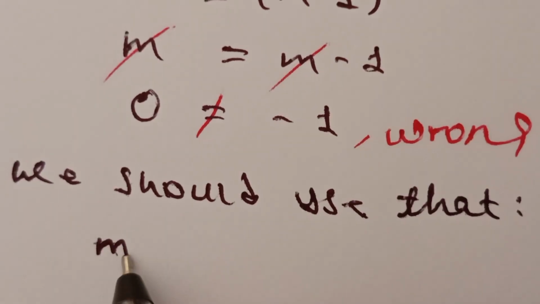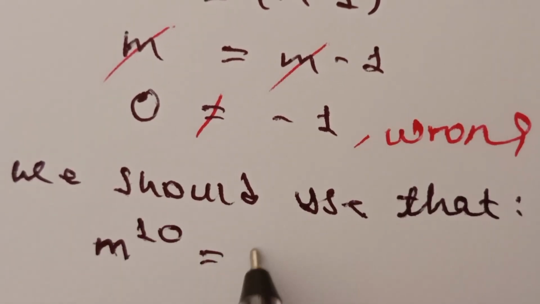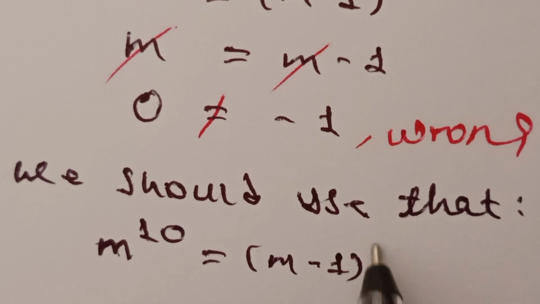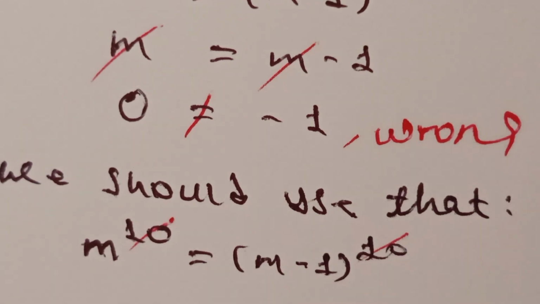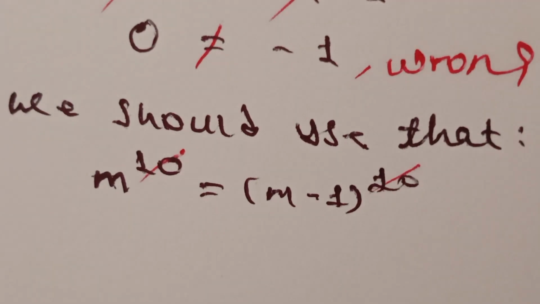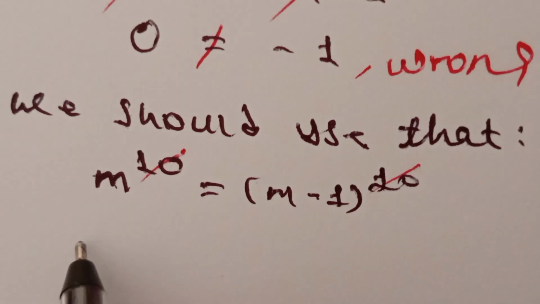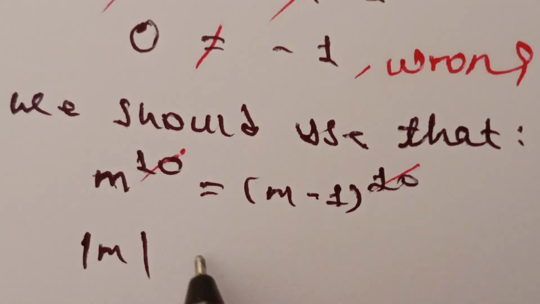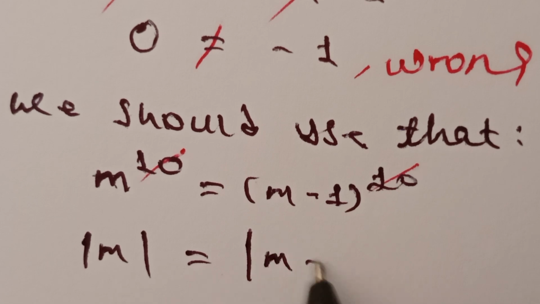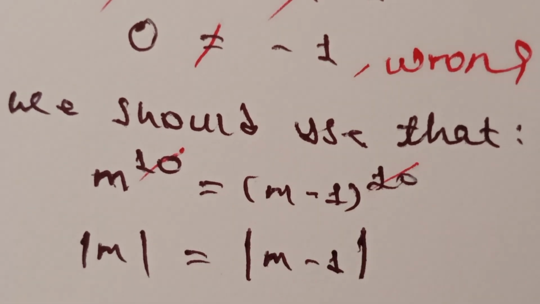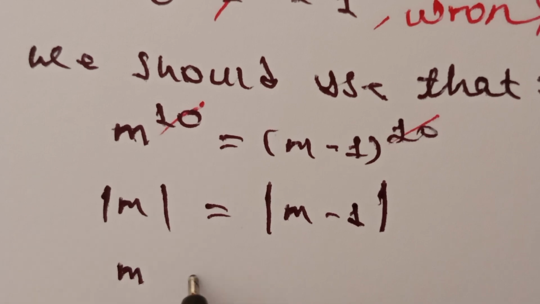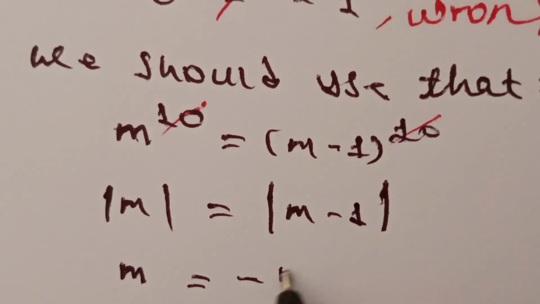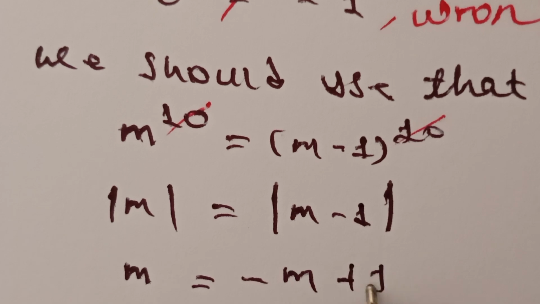m to the power of 10 is equal to (m minus 1) in brackets to the power of 10. Yes, if we cancel that, we have to use an absolute value: m is equal to m minus 1 in absolute value, so m is equal to minus m plus 1.